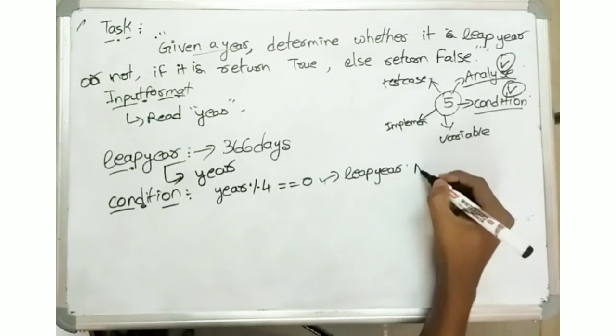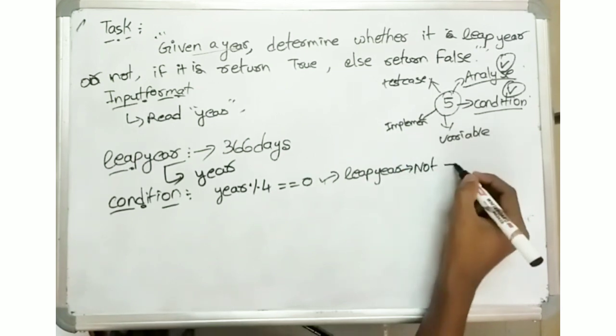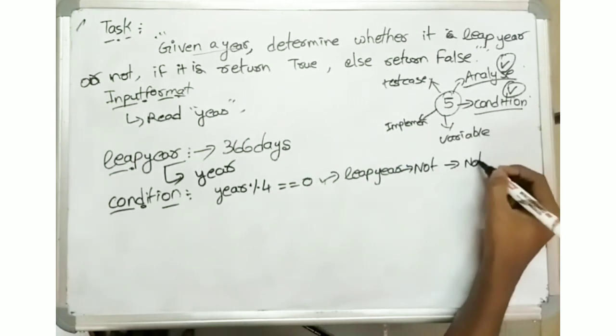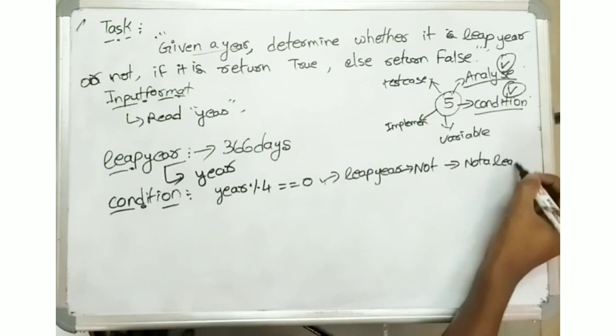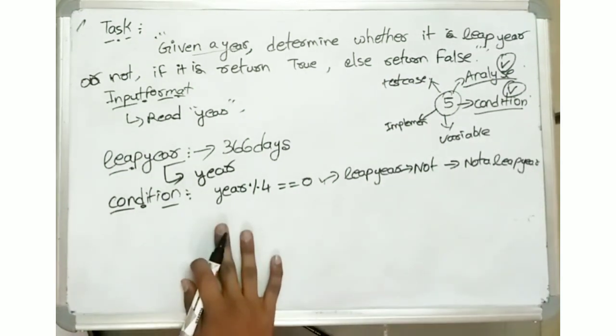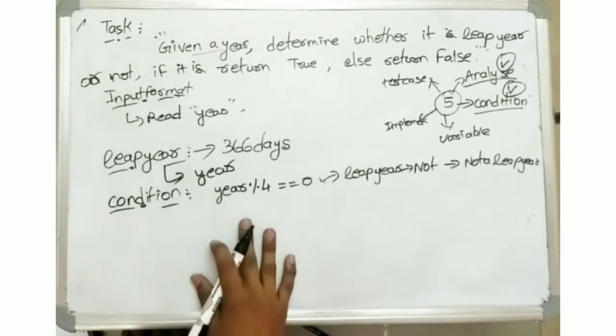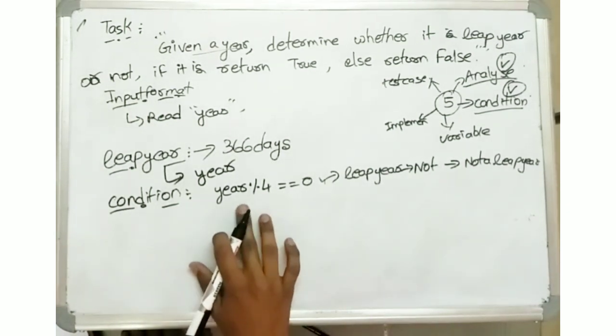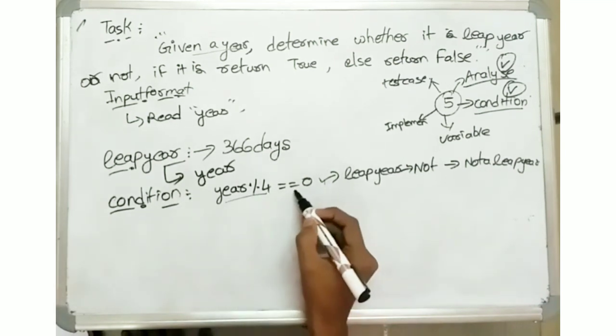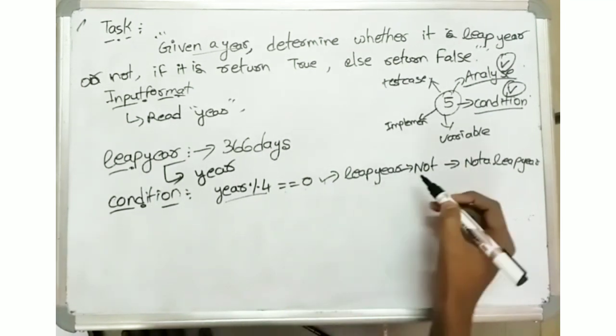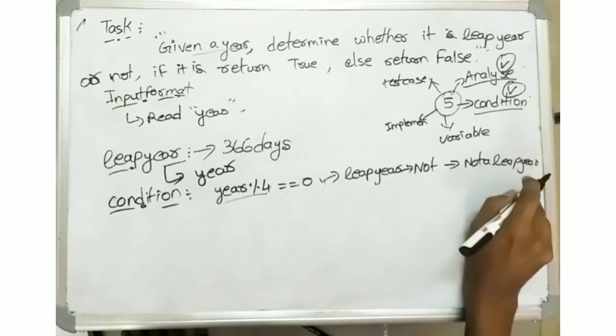If not, not a leap year. Just check in Google or anything. Just browse: what is a leap year? What are the conditions for leap year? If the year is divisible by 4, we can say it is a leap year. If not, it is not a leap year.